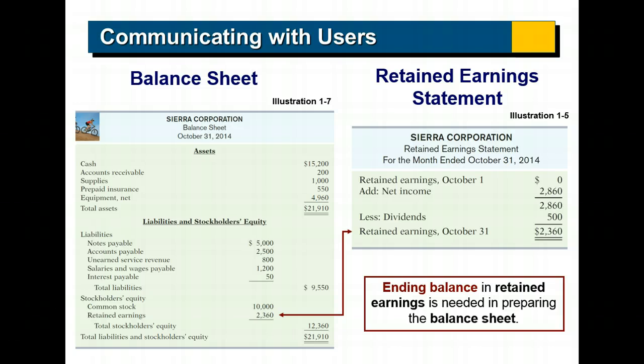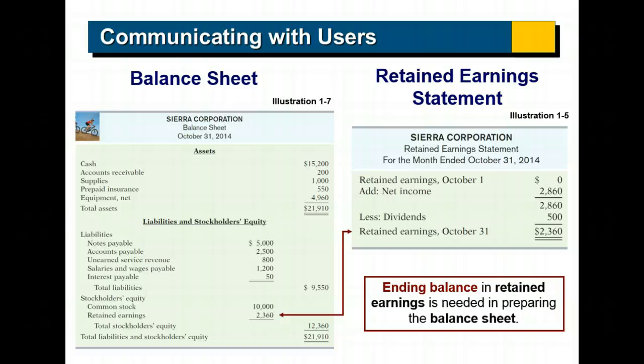Now, remember, you start with the income statement. Then you work on the retained earnings section. Then we end up with a balance sheet. Now, the balance sheet, as you can see, has a portion of the information from the retained earnings carried over into the stockholders' equity section. Do you see that there?